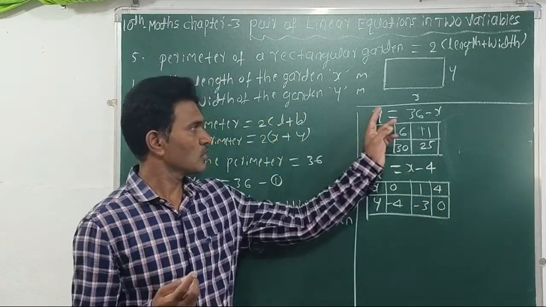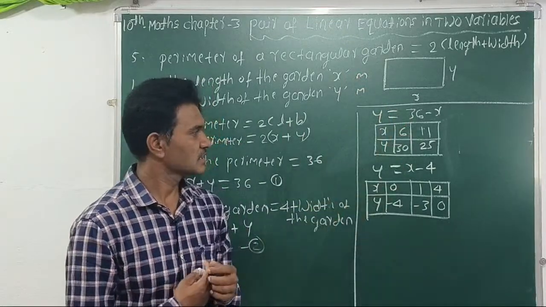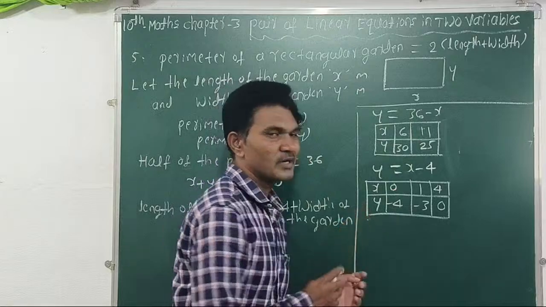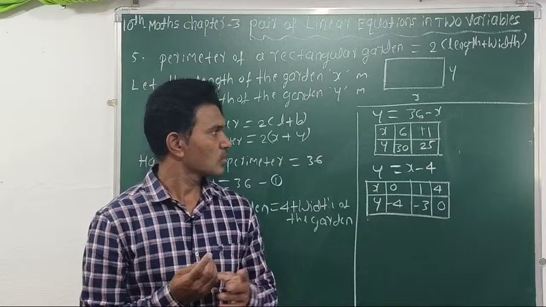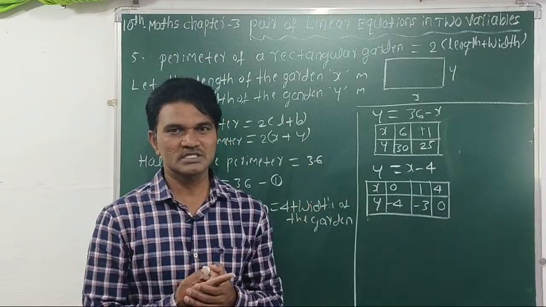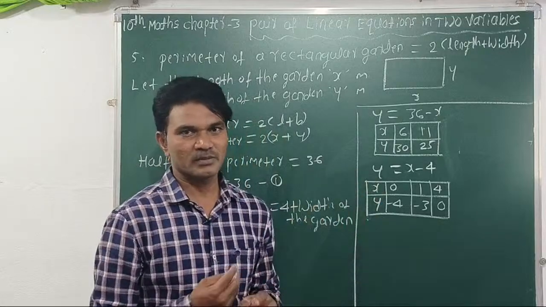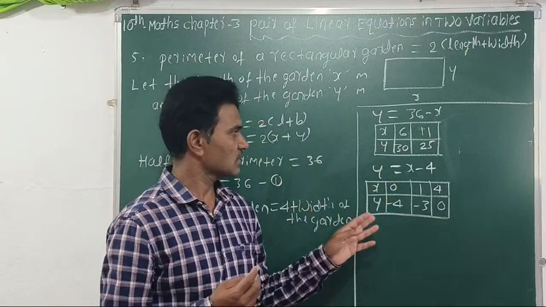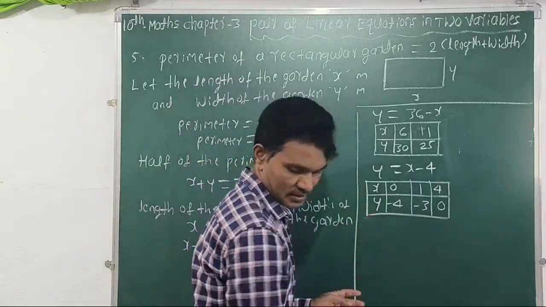Then we have to plot a graph by using these points. We have already solved pair of linear equations by using graphical method. Using that method, we have to solve these two equations. After that, we can get the value of x and y.